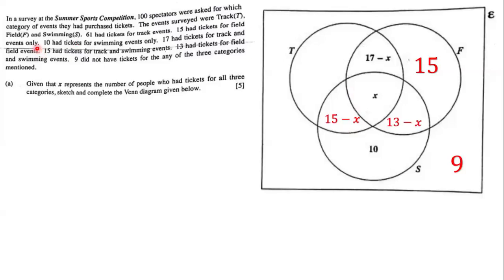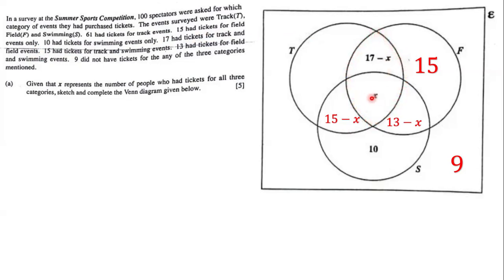What else do we know? Well, they said that 17 had tickets for track and field events. That's referring to this particular oval right here, the intersection of track and field. So this whole oval is going to be equal to 17.